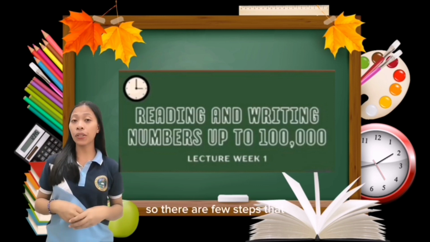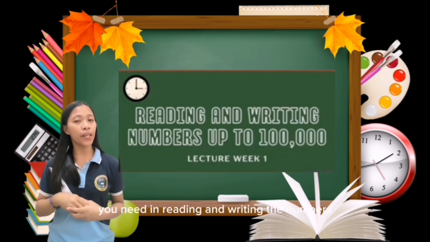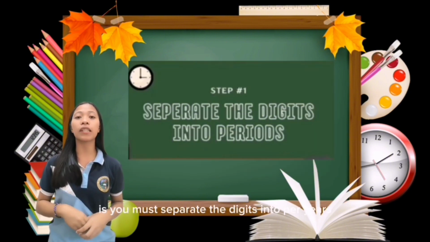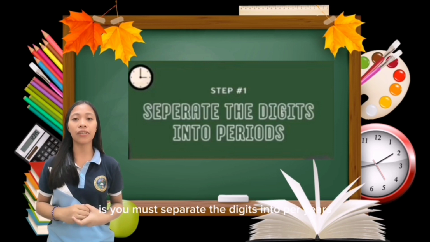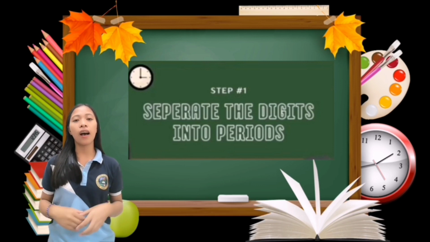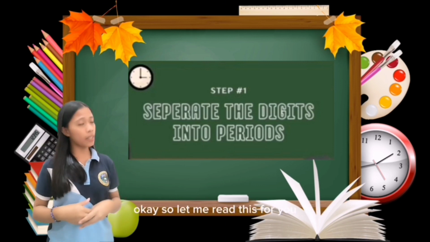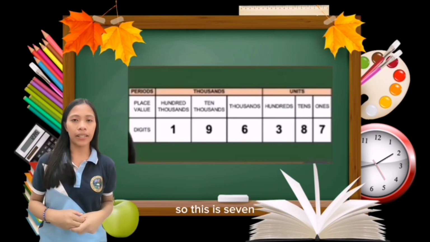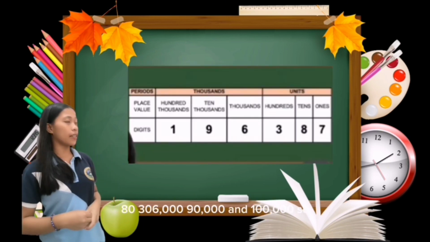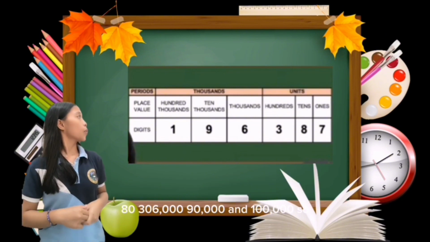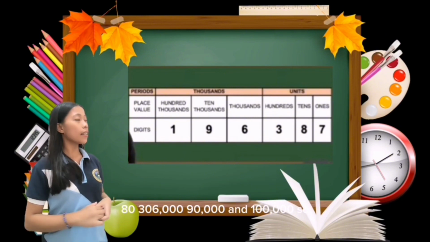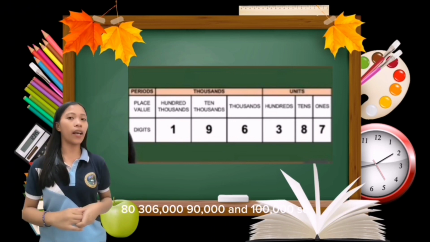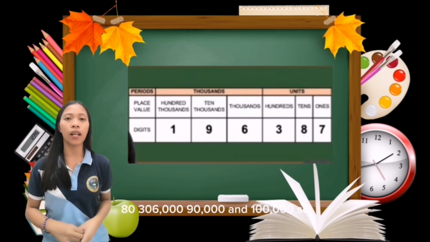So, there are a few steps that you need in reading and writing the numbers. So, first step is you must separate the digits into periods. Okay, so let me read this for you. So, this is 7, 80, 300, 6,000, 90,000 and 100,000.